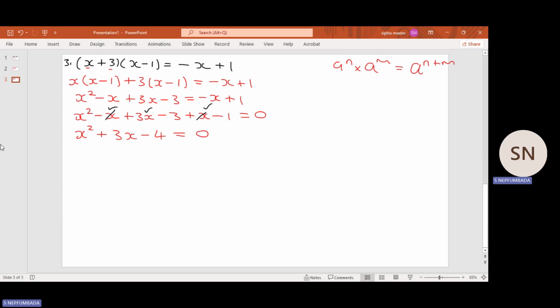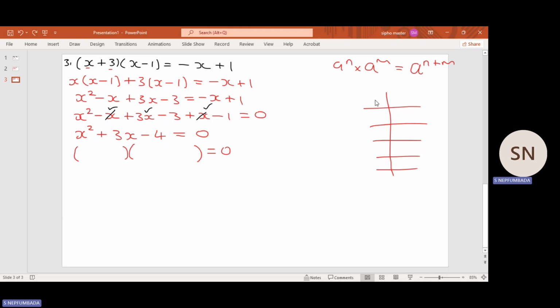So now, this one you can factorize, or you can use the formula. It's up to you which one you are going with. So from our factors, we need the factors that when we multiply, they give us this negative 4, but when we add, they must give us positive 3.